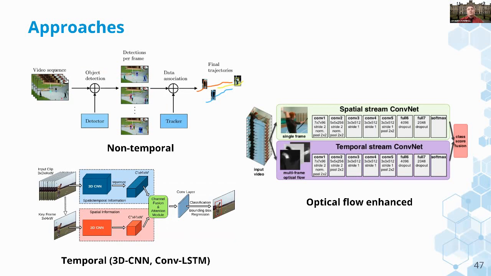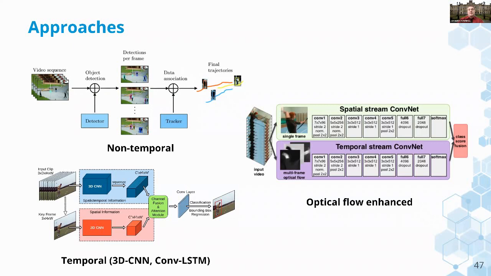approaches for processing objects on videos, and these approaches assume that there are no dependencies between the video frames, and we can simply process each frame with our one-frame detector one by one, and then use some data association algorithm to join all these detections from different frames and form the final trajectories of our objects.